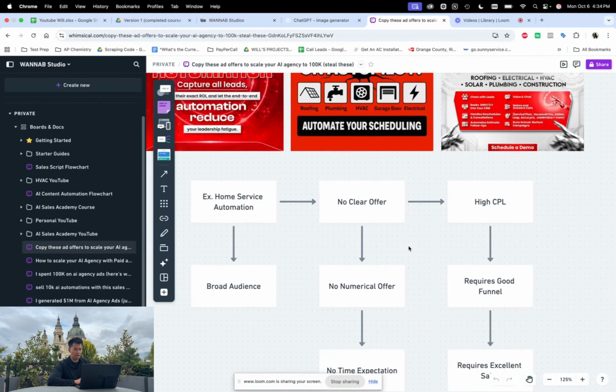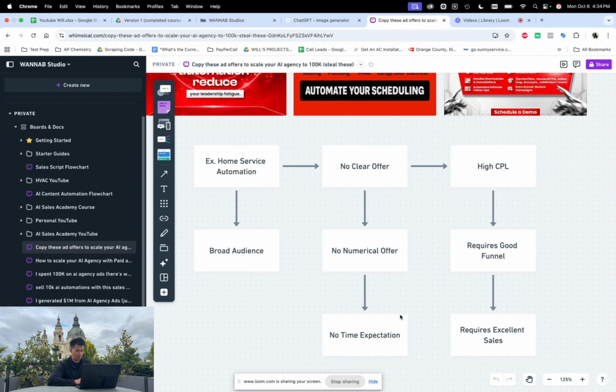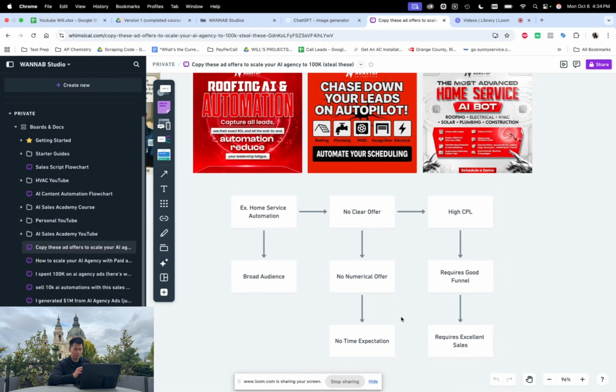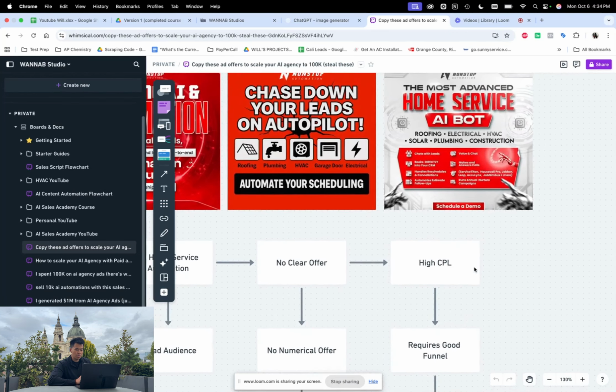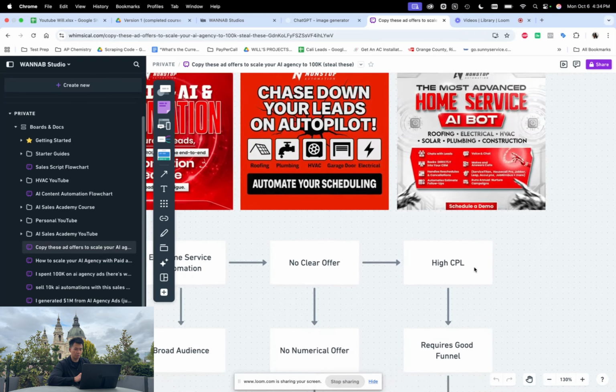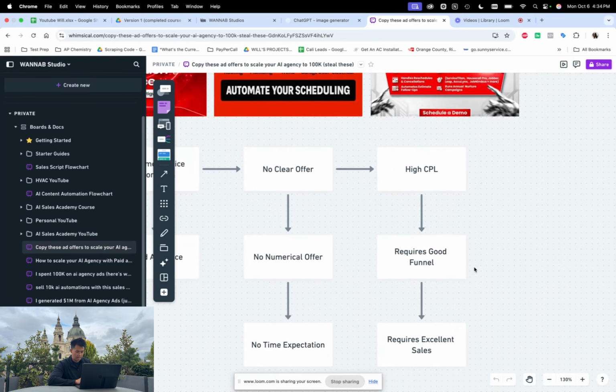If your ad doesn't have a very strong and clear offer, with how many leads they're getting or what expectation or what pain you reduce or what they can gain, there's no way they're going to click on your ad and you're going to get absolutely no leads, right? So without even looking at their ads manager, I already know that they have an extremely high cost per lead and that they require a really good funnel.